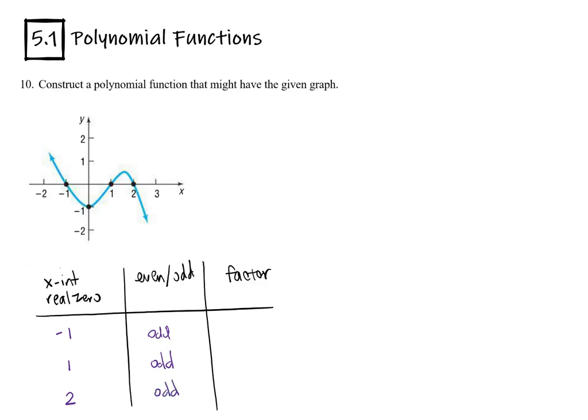Let's say that they are multiplicity 1. And so our factors are going to be x plus 1, x minus 1, and x minus 2. So we're going to come up with a polynomial. Now we don't know what its leading coefficient is, so I'm going to put a. Then I'm going to multiply everything out.